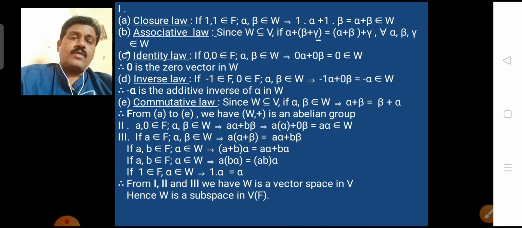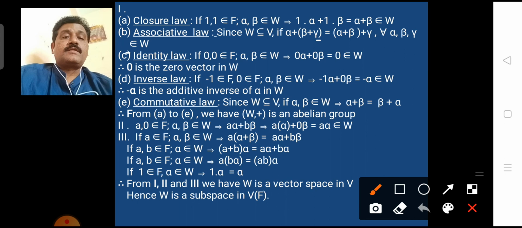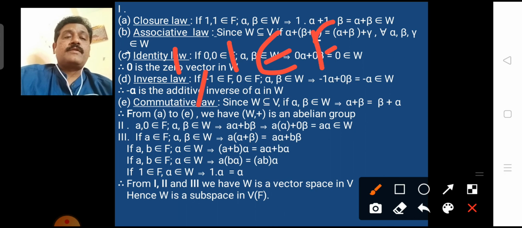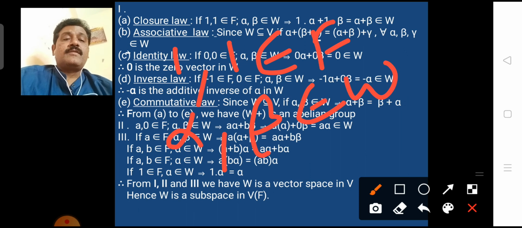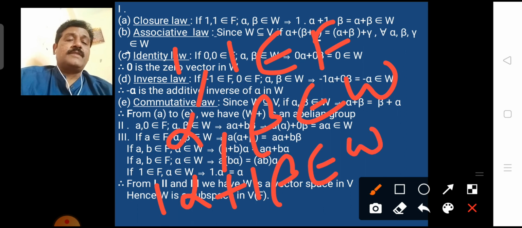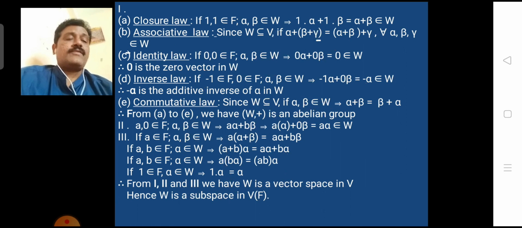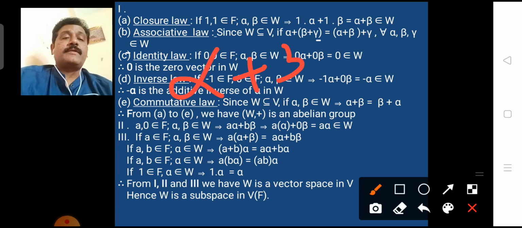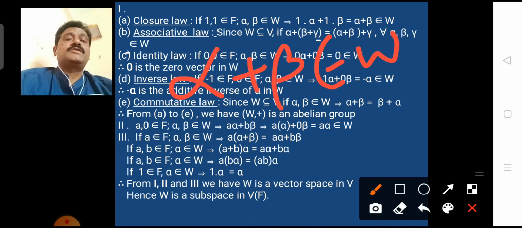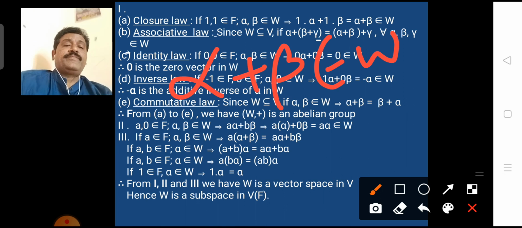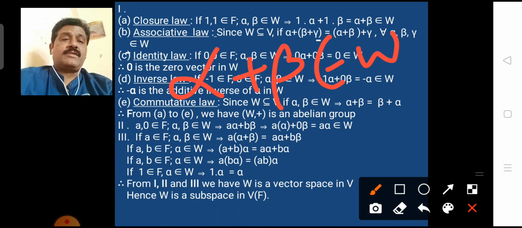One, closure law. 1 belongs to F and alpha, beta belong to W. From the given condition, 1 alpha plus 1 beta belongs to W. That is, alpha plus beta belongs to W. So W is closed with respect to vector addition.